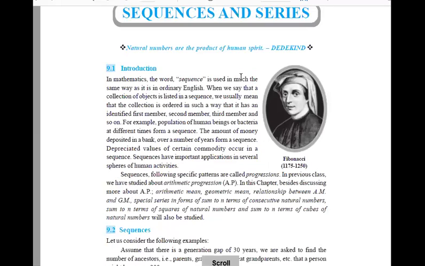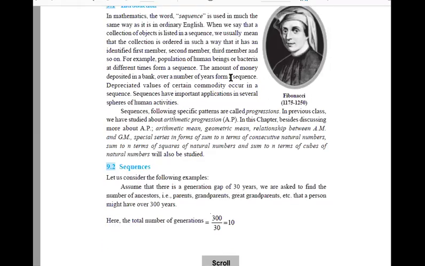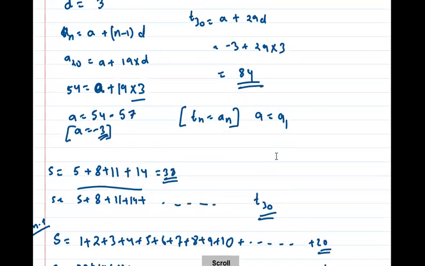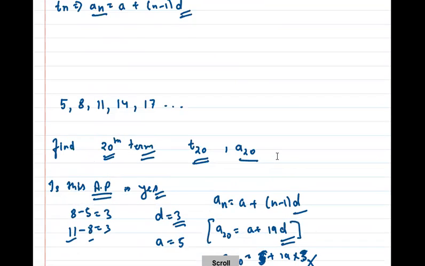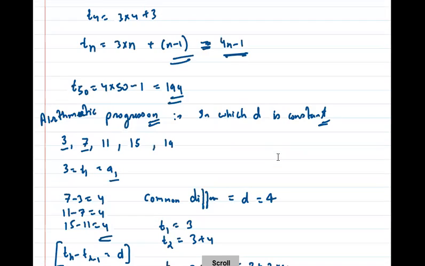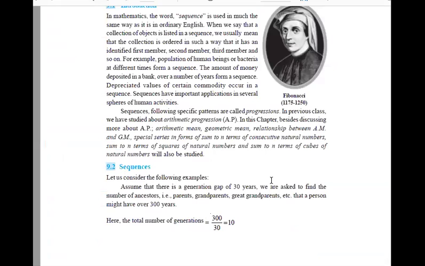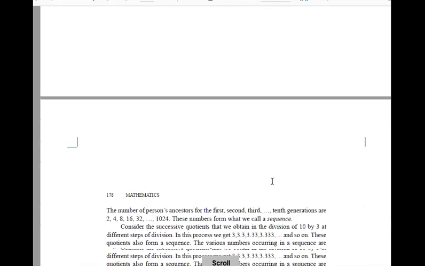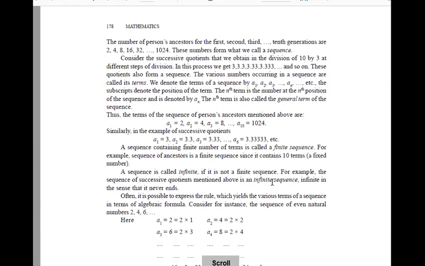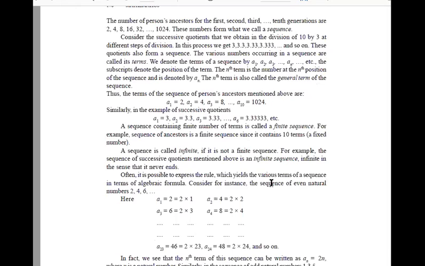Every sequence has some pattern in it, and we have seen some kinds of problems and patterns in the previous class. One such sequence is called arithmetic progression, or AP.